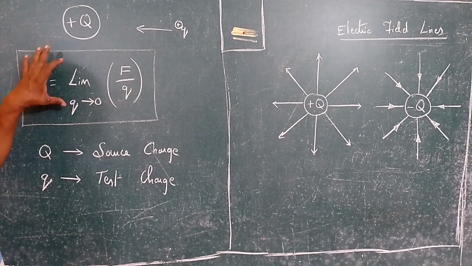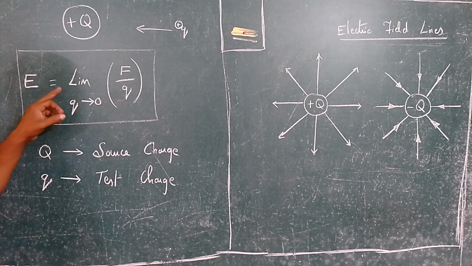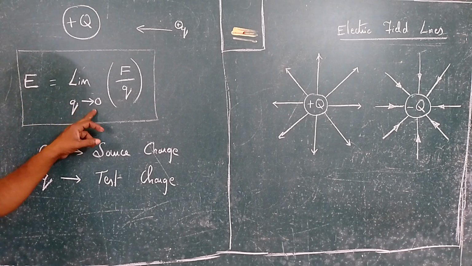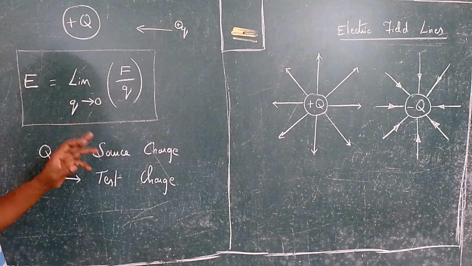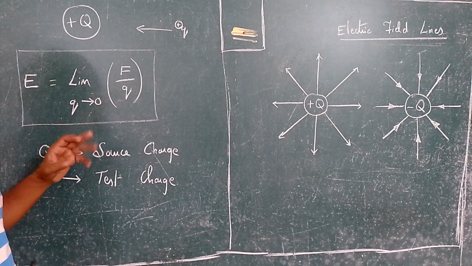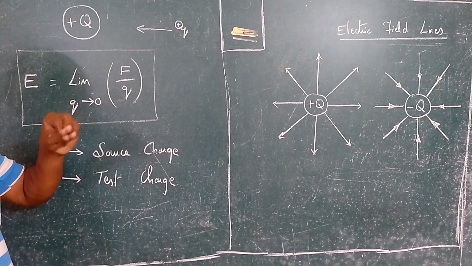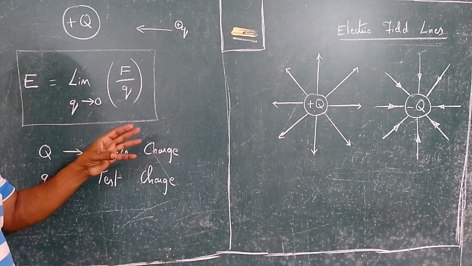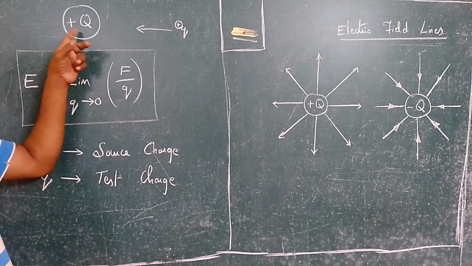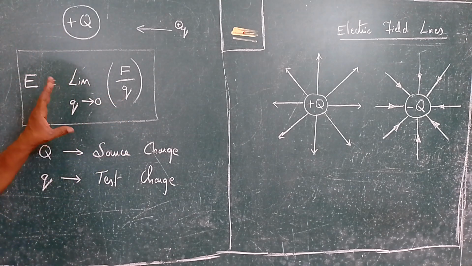So that is the significance of this formula, electric field is equal to limit Q tends to 0 F by Q. Practically the test charge cannot be 0, but we are assuming it is infinitely negligible compared to the source charge. So that is the significance of this equation.